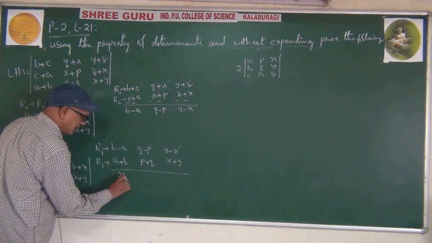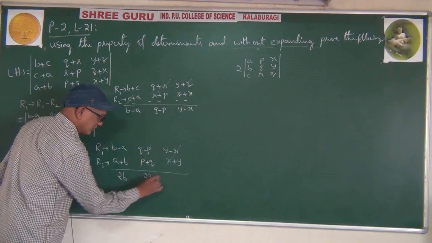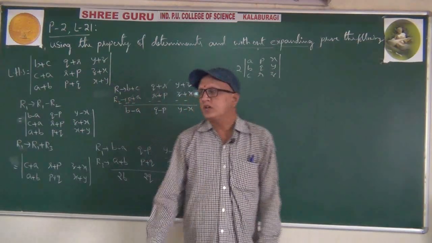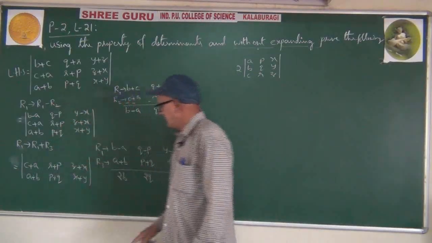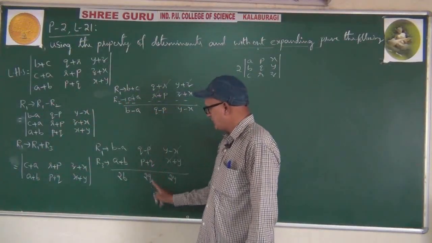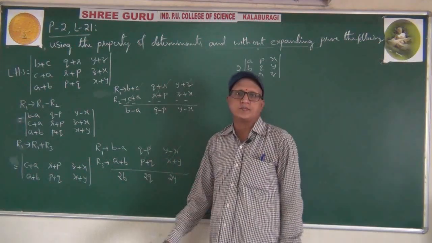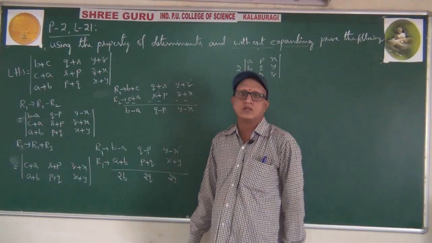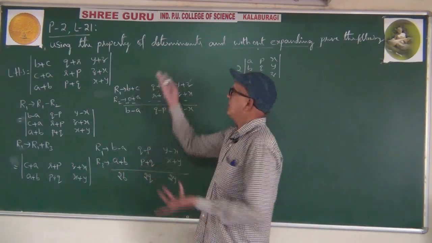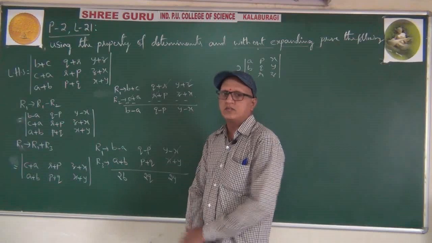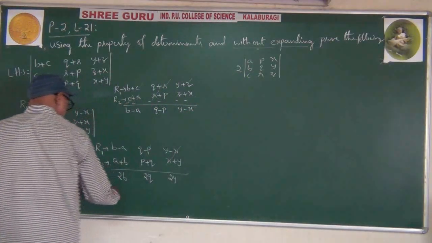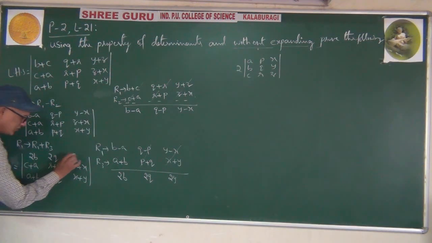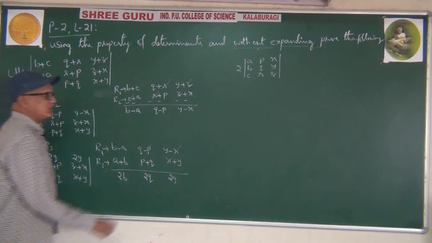B plus B is 2B, Q plus Q is 2Q, Y plus Y is 2Y. So we get 2B, 2Q, 2Y. Now take 2 common.